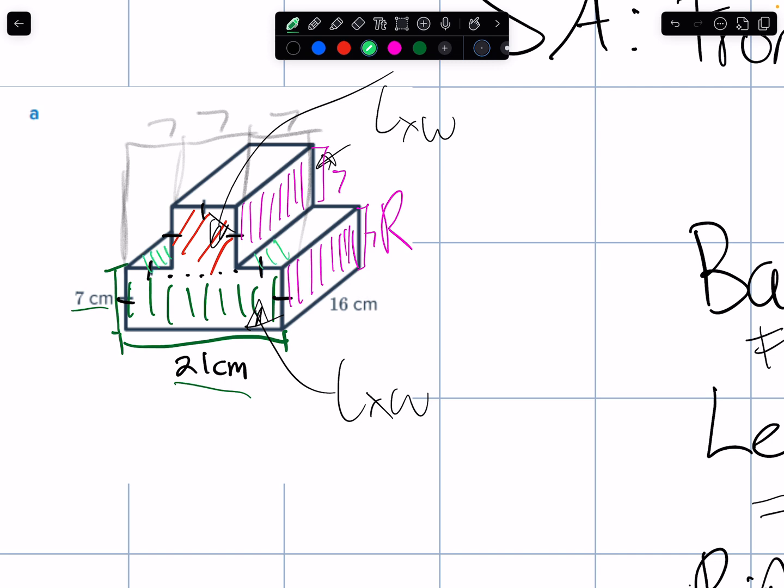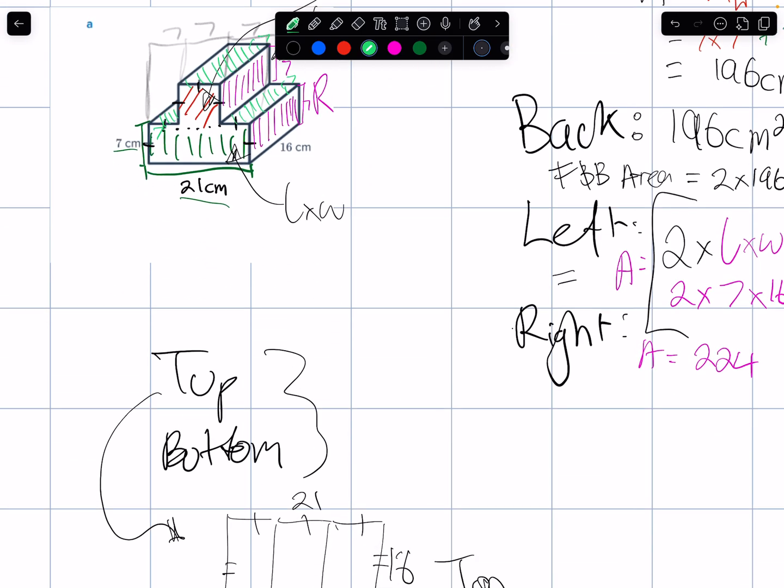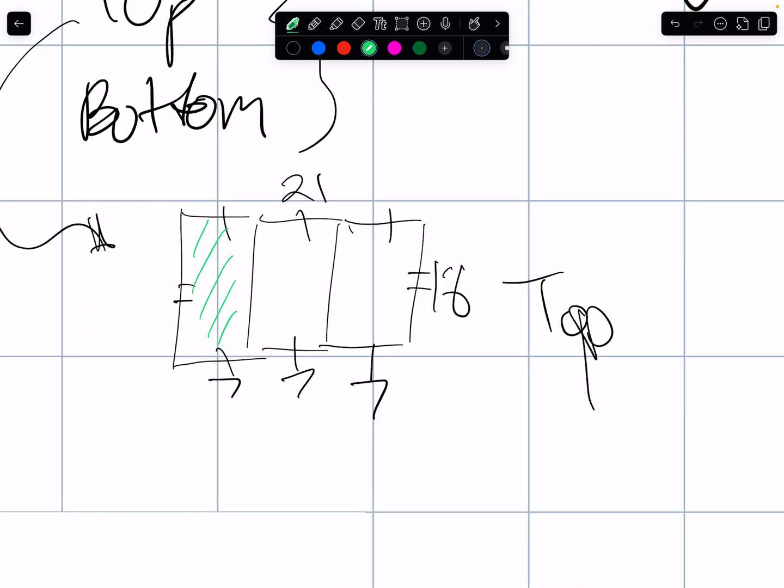Here, here, there. We have 3 sections. We can see that each of those sections is 7, 7, 7, and they're all 16 centimeters long, which is why over here we've got 3 sections, 7, 7, 7, and they're 16 centimeters long.